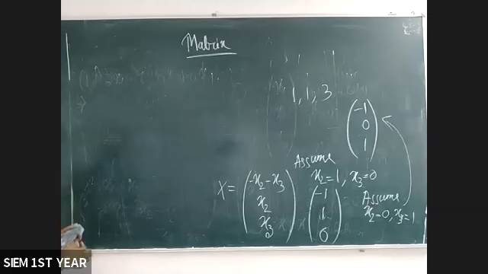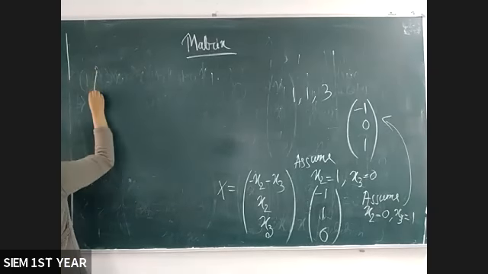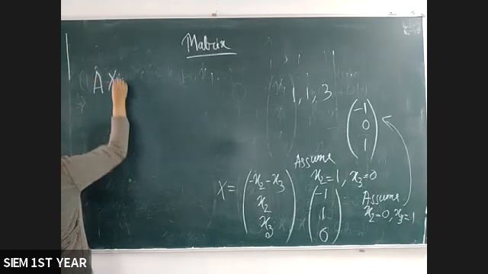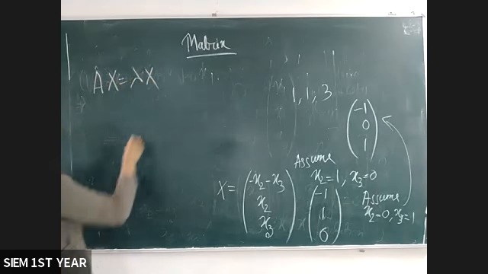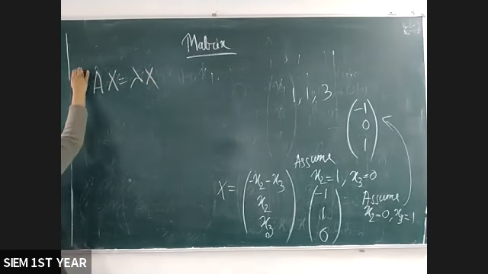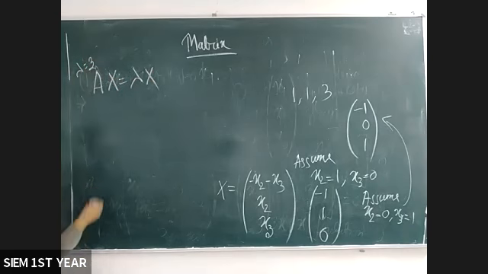Okay, so we have to consider the same equation that is AX is equal to lambda X. You will consider case 2 or case 3 for lambda when lambda is equal to 3.